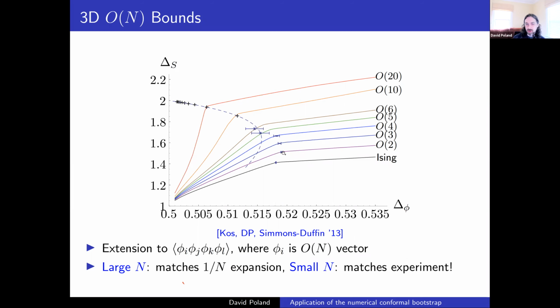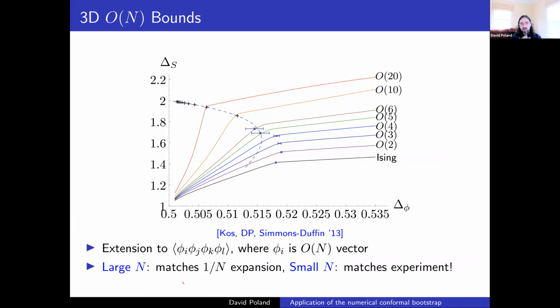And at small values of N, you can compare with various Monte Carlo simulations or experimental measurements, or computations in the epsilon expansion, depending on what the most precise thing is. And there again, you see good agreement. So this is what you get by just looking at a 4-point function of phi_i.